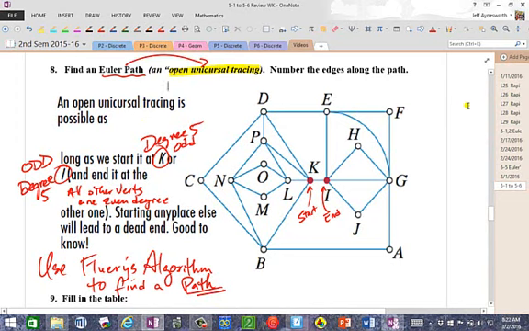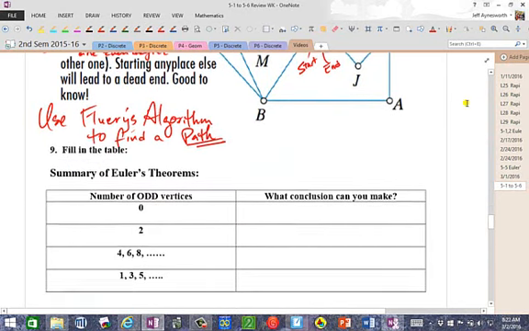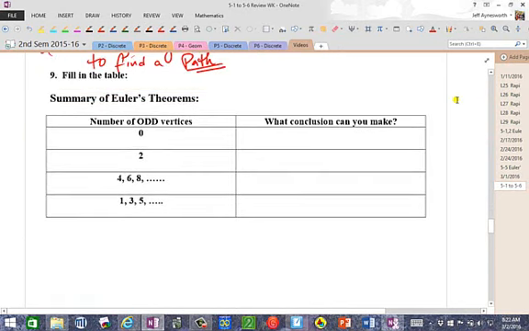Okay, let's summarize Euler's theorems real quick. If you have 0 odd vertices, that means they're all even, and that means you have an Euler circuit. You can start anywhere, and you start and end at the same vertex.